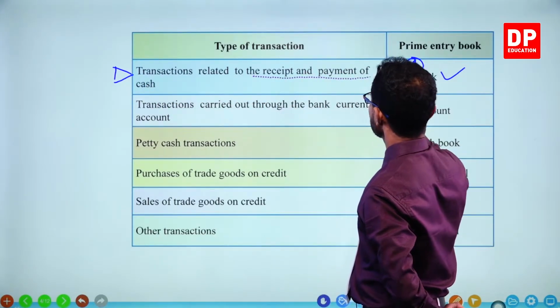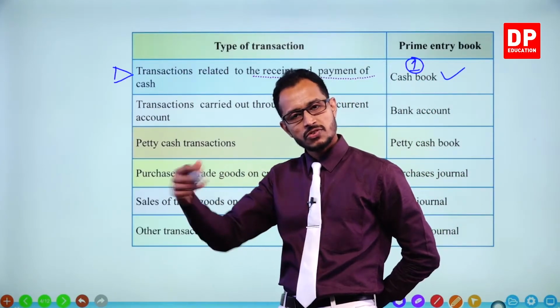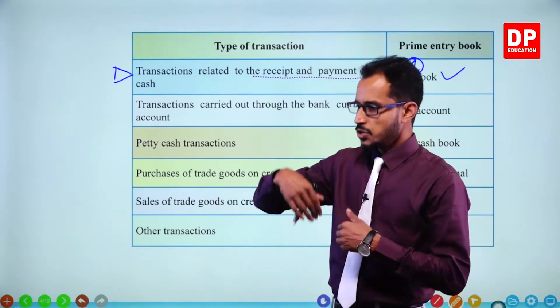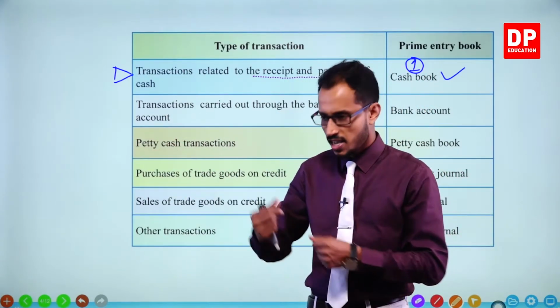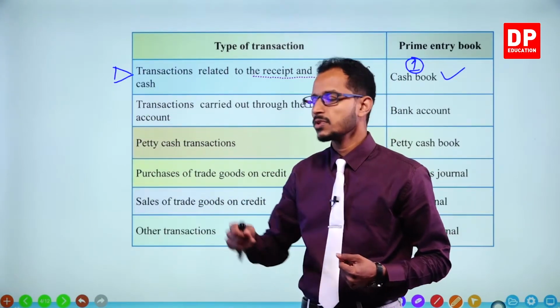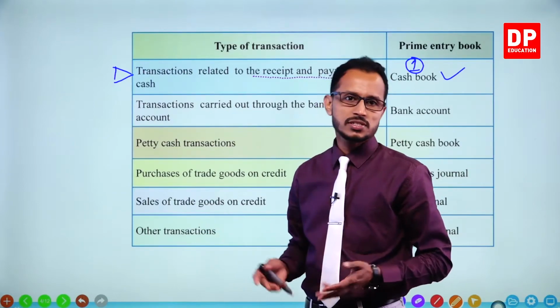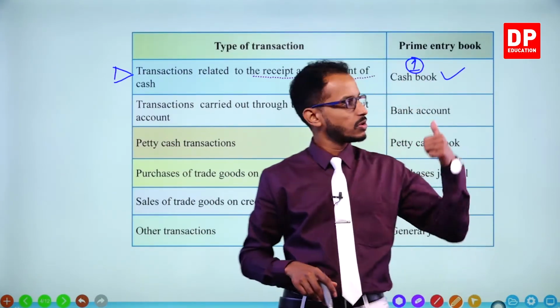Receiving and paying, like receipts and payments of cash. Let's say you pay an electricity bill, a cash transaction. Cash goes out. To pay the electricity bill, you have to spend cash. You have to pay. So that is a cash transaction. Cash goes out. It's a cash payment. It goes to this book, the cash book.